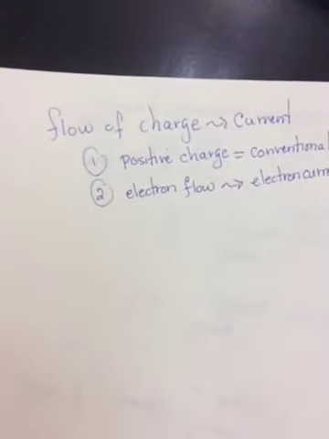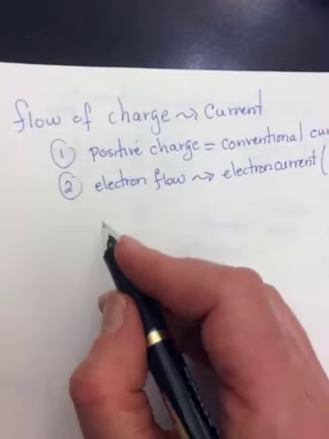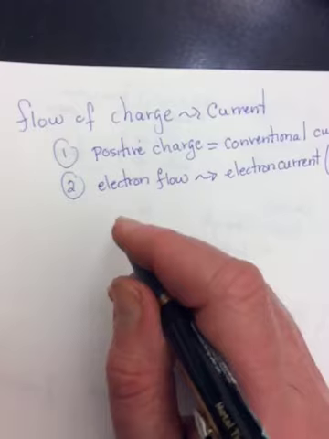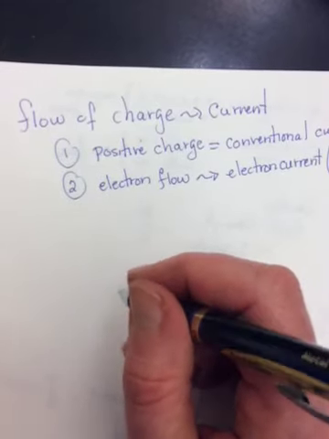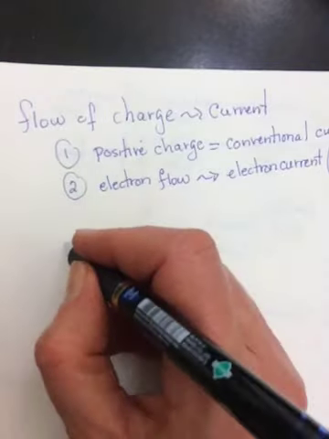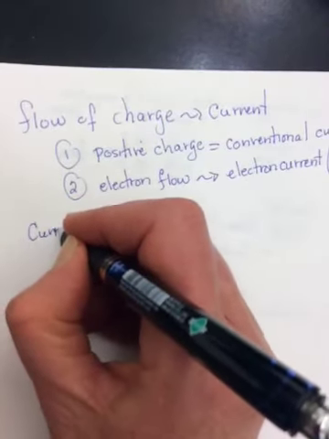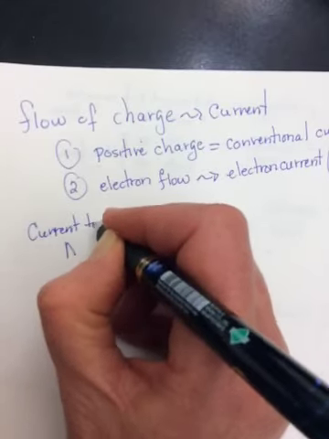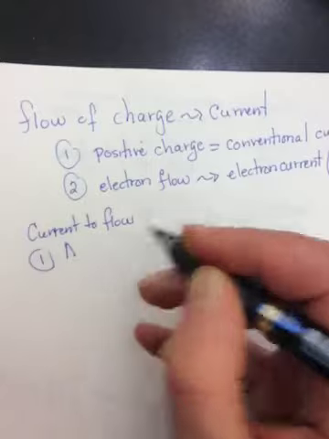All right. So what do you think you need to make current flow? Well, the next time I see you, maybe we'll do a little experiment with the Van de Graaff generator to figure this out. But really you need three things for current to flow. Can you name them?